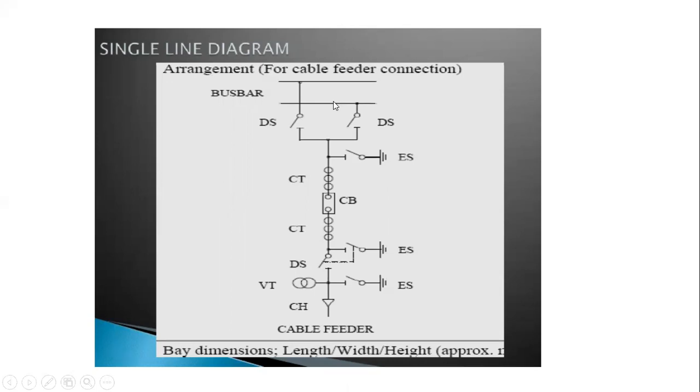Okay, when compared to the air insulated substation, the gas insulated substation occupies less space. Why? Because it is an indoor substation. Indoor means that instead of air, we are using SF6 gas as the medium. Why? Because when we are using indoor substations, all the equipments are placed nearby.